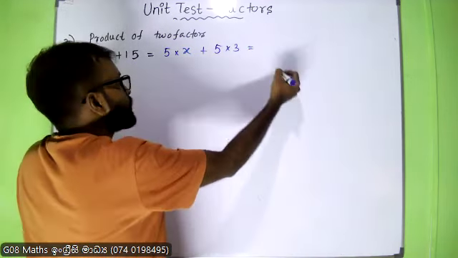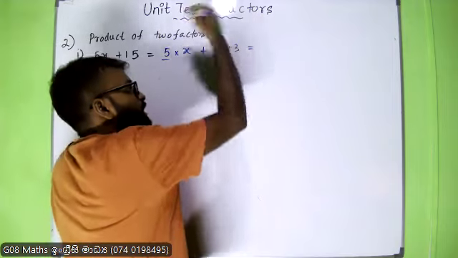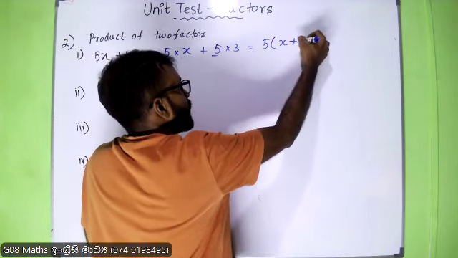Very easy. So 5 is a common factor. Take it out from the bracket: 5 times (x plus 3).